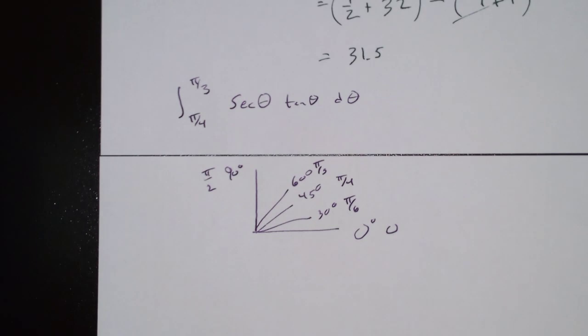Bend in that finger. You got 3, you got 1. Cosine, sine. Square root of 3 over 2, 1/2. You want 60 degrees? 1/2, root 3 over 2.